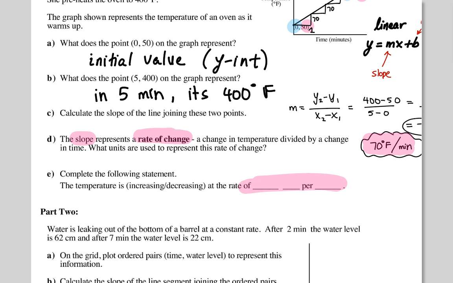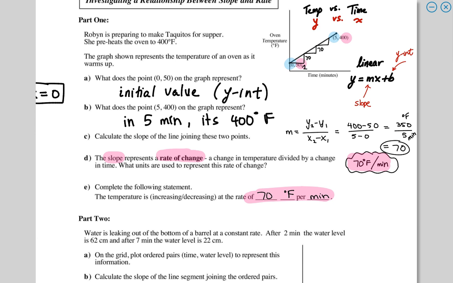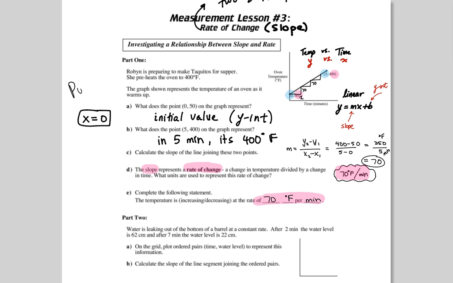Let's fill that in. 70 degrees Fahrenheit per minute. Okay, this is an example of positive slope. The next example, part 2, is an example of negative slope.